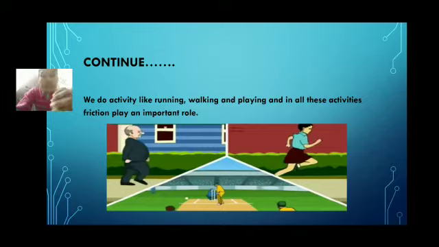We do activities like running, walking and playing, and in all these activities friction plays a very important role. Have you ever seen your teacher writing on a blackboard? If friction were not present there, what would happen?